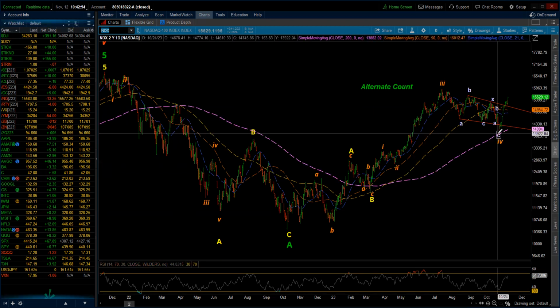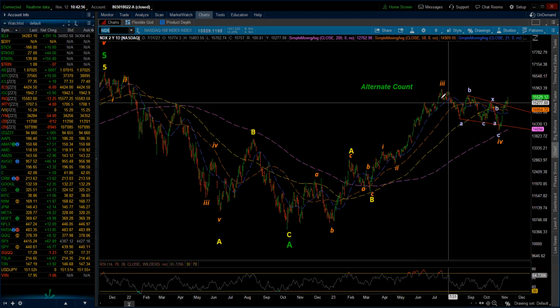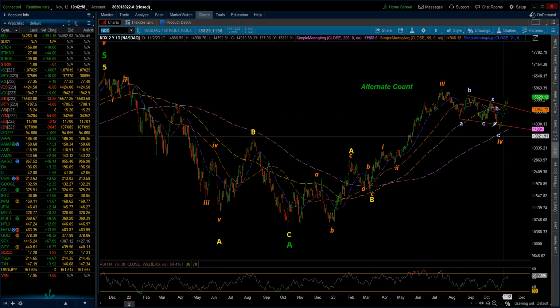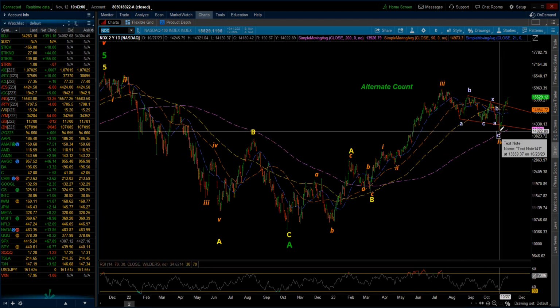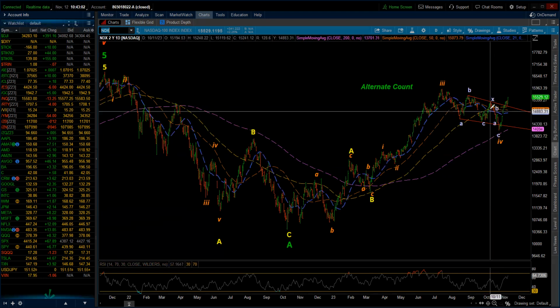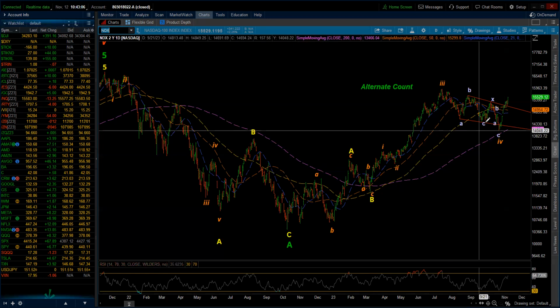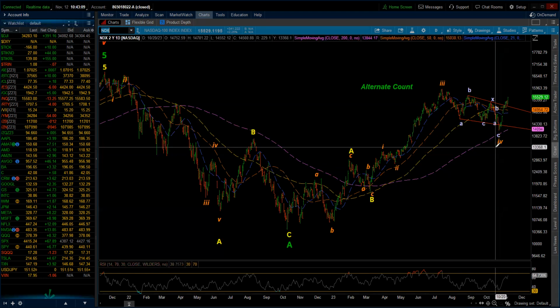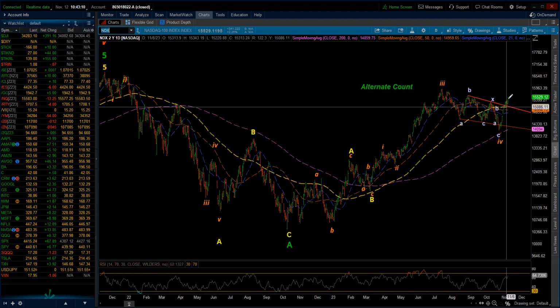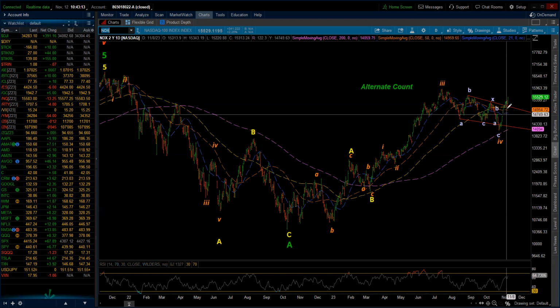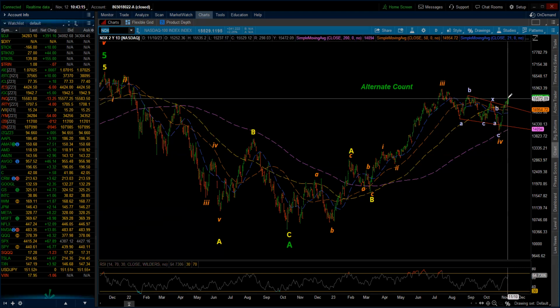But I'm not violating any rules. And I can put it in as, if anything, not necessarily diagonal, but a contracting. In which case, what did I expect? Exactly what we're getting, a thrust up and out of that triangle.